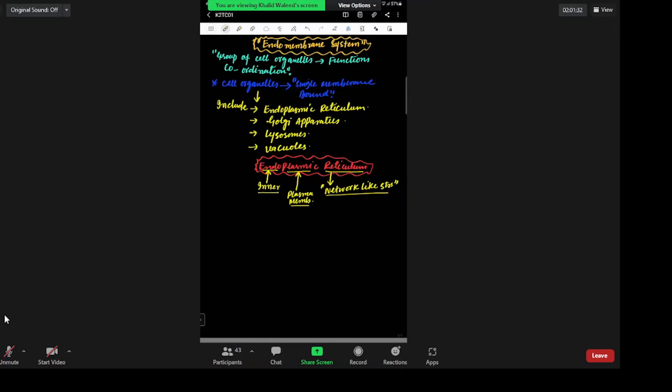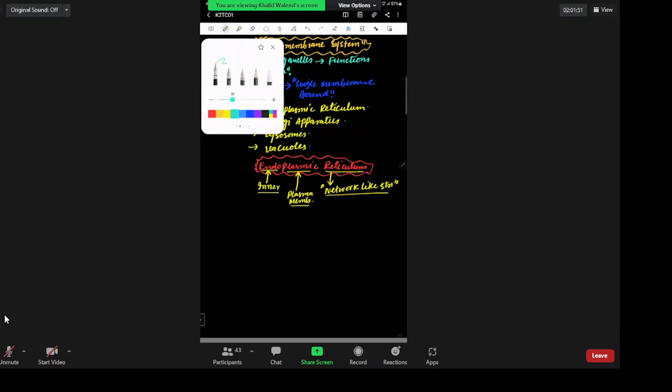Mane, we have some network-like structures which are present inner to the plasma membrane of eukaryotic cells, mane into the cytoplasm.